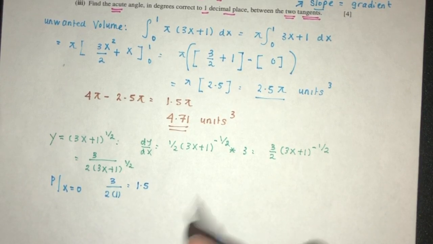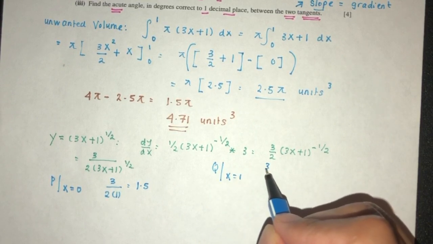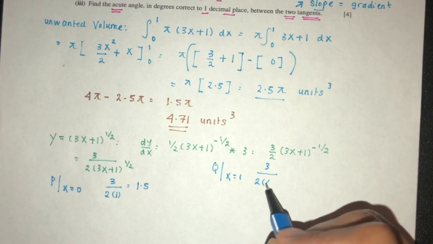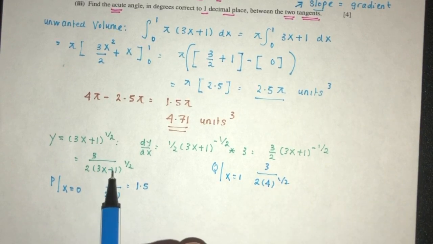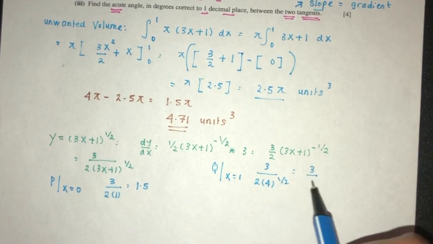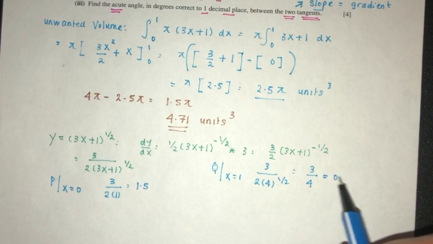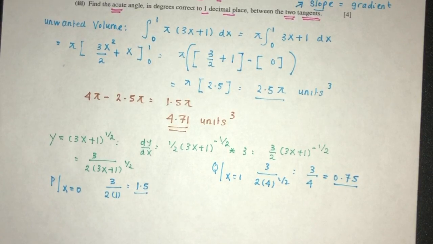That's the slope of this one. Now, at the point Q, where the x value is 1, you will have 3 over 2 times the square root of 4. So 3 times 1 is 3, plus 1 is 4, power half is just 2. That will be 3 over 4, and that should be 0.75. So now we have the slope of both tangents. We can find the angle in between pretty easily.